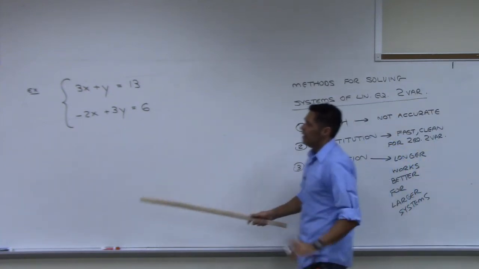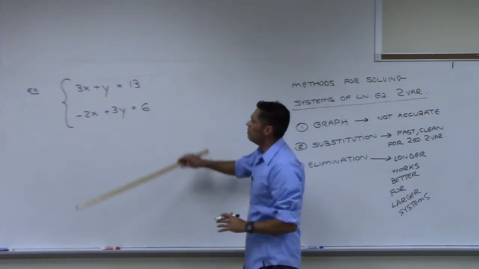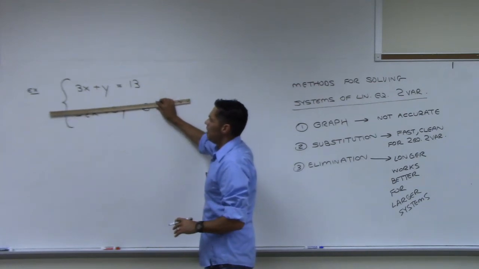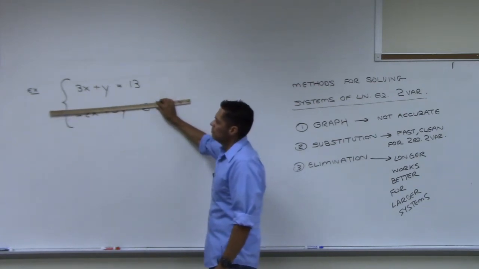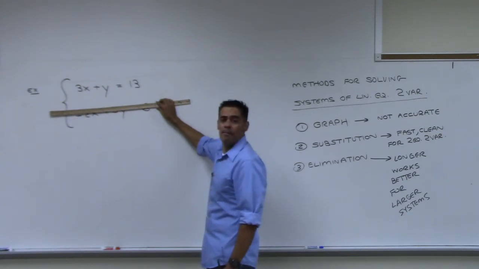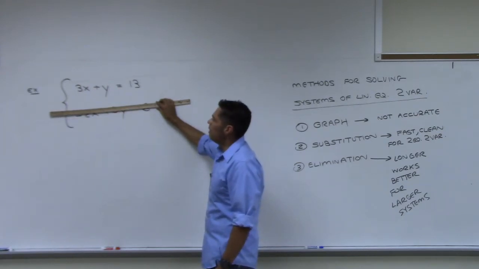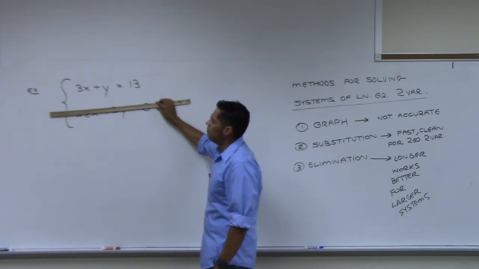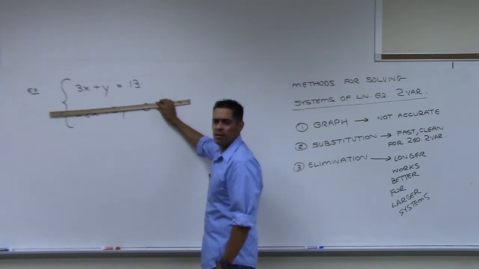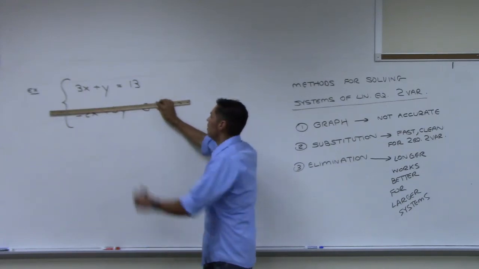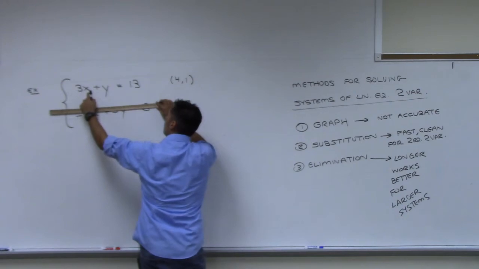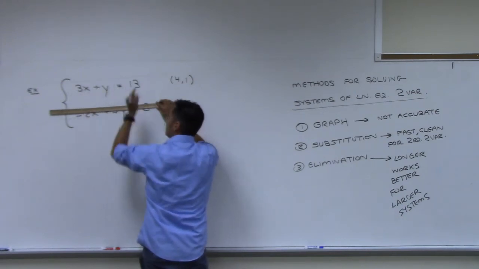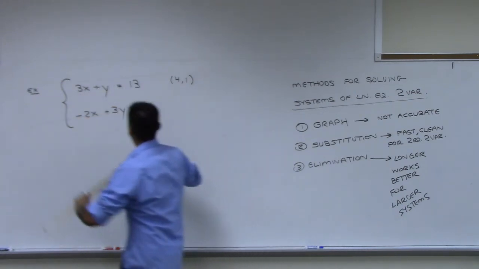So can anybody sitting there right now cover this up and give me an x and a y that makes that true? 4 and 1? Does 4 and 1 work? So 3 times 4 is 12 plus 1, 13, yes. But does that work for this one?